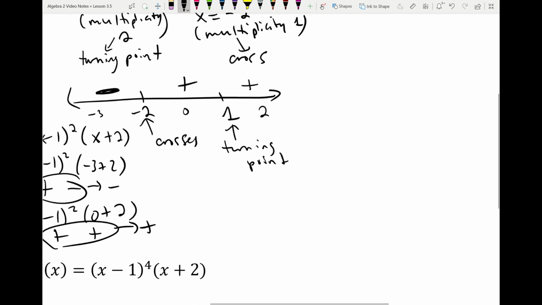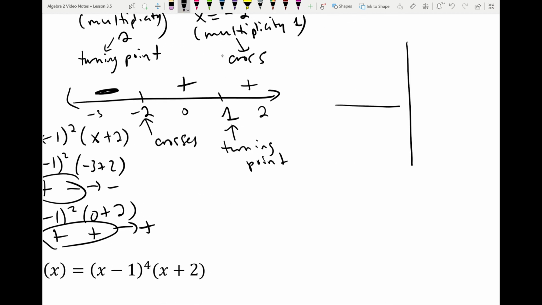So now let's draw a quick sketch. In this case, if you were to graph this, you're going to have -3 or -2.